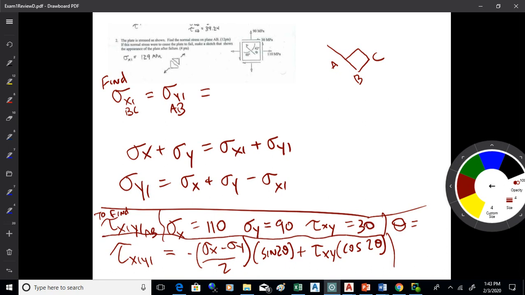That's on your handout too. Yeah, 48. But if we want to find the shear stress on AB, I've got to admit, I'm tricking you a little bit here. What's the angle to put in?